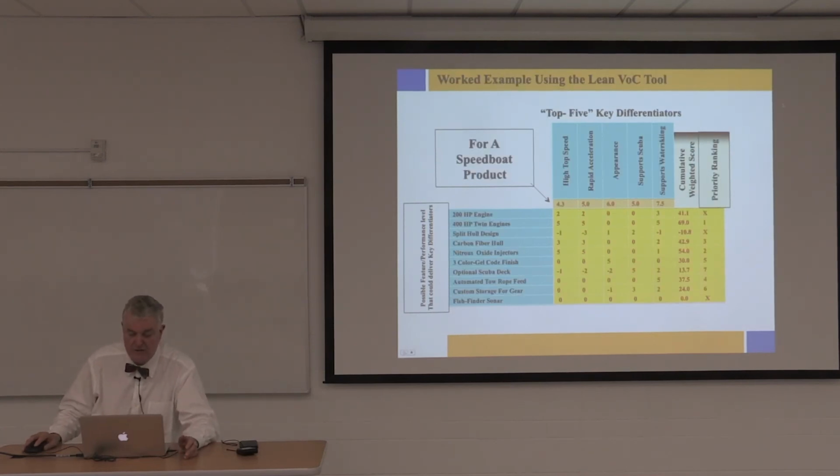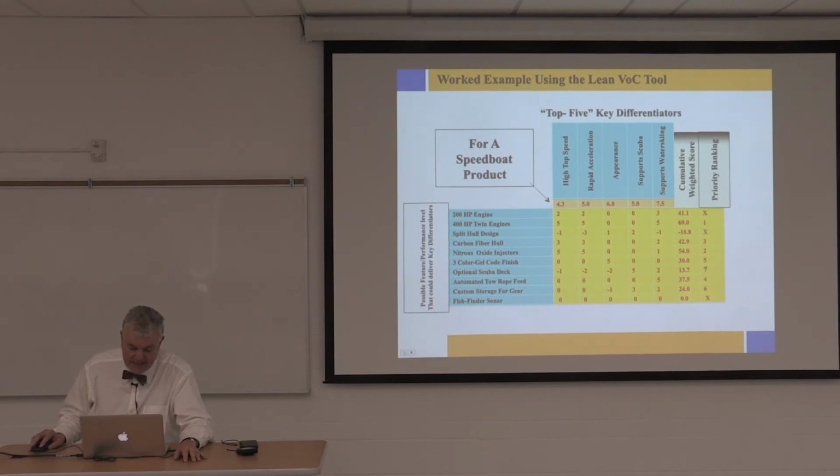I just want to give you some examples that you can read for the speedboat. 200 horsepower engine, a 400 horsepower engine. This got high top speed. The average was a 4.3 here. Supports water skiing, got very high. Cumulative weight. These were the features of the functionality of the boat that met these differentiators, these criteria.